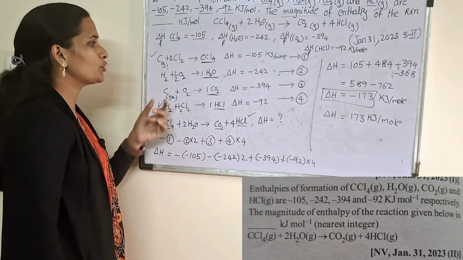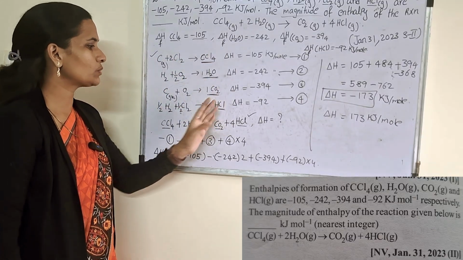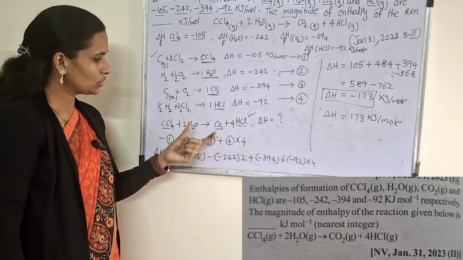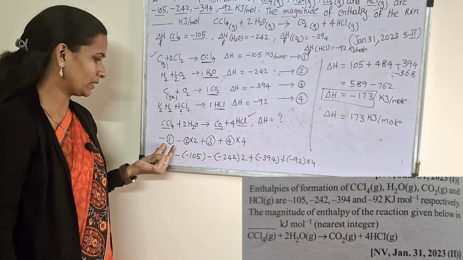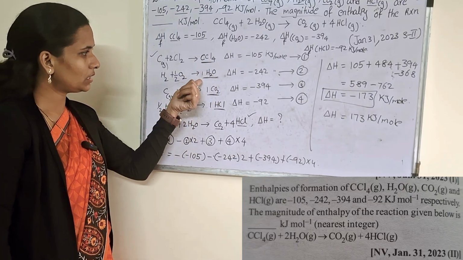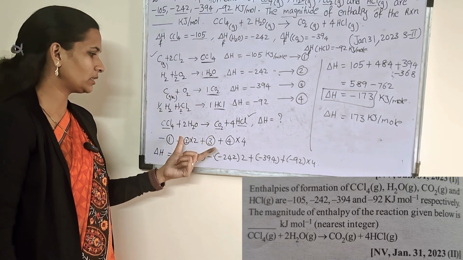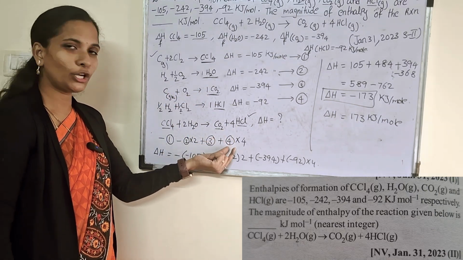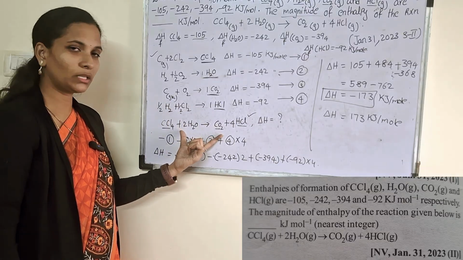First of all, we write the given information as equations like this, and from these equations we derive this equation. Reverse the first equation, multiply the second equation by 2 and reverse it, keep the third equation as it is, and multiply the fourth equation by 4. Then from these four equations we get this equation.